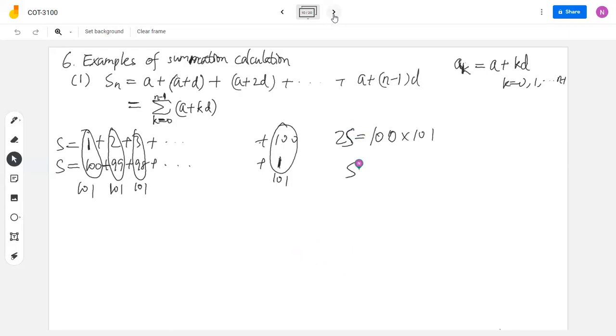Therefore, S equals 100 times 101 divided by 2, which is 5,050.